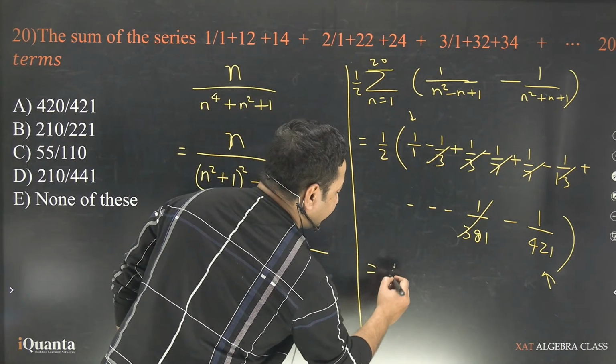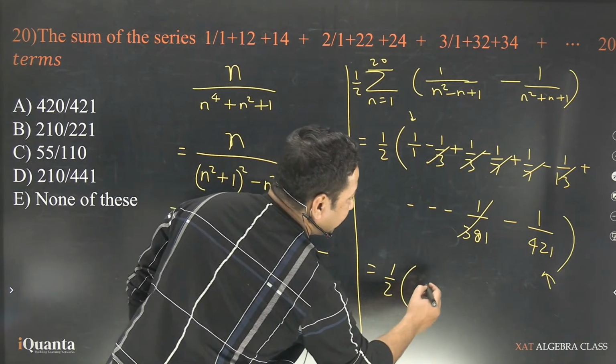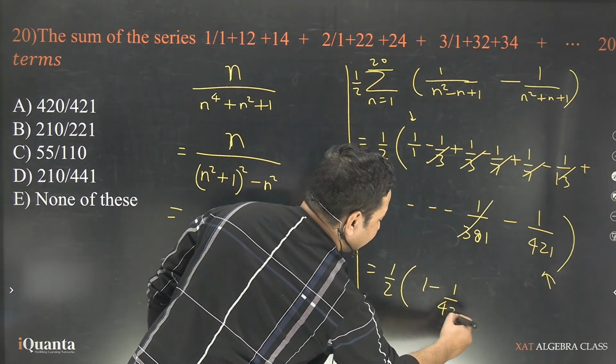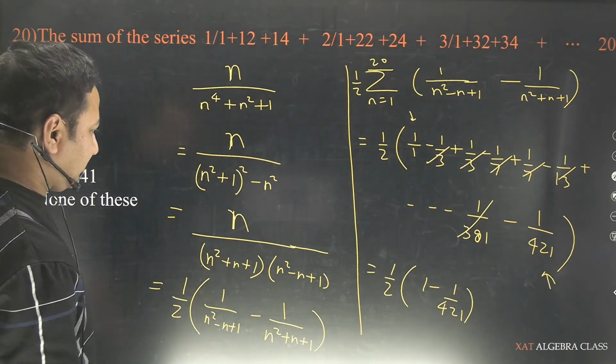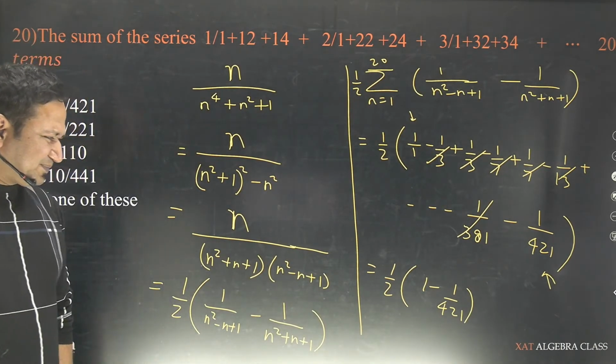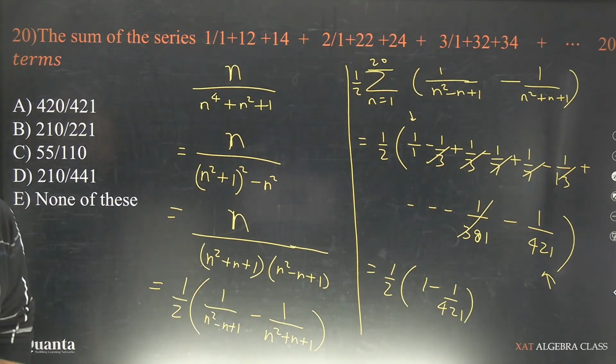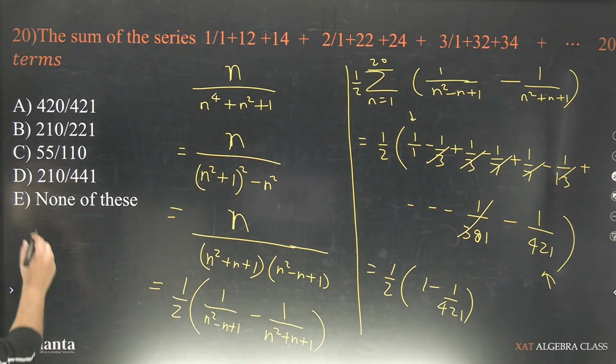So we'll get 1 by 2 multiplied by 1 minus 1 upon 421. Rest everything you can do. The answer comes out to be how much? 210 by 421. Do we have something like this? 210 by 421. We do not have anything like this, so E will be the answer.